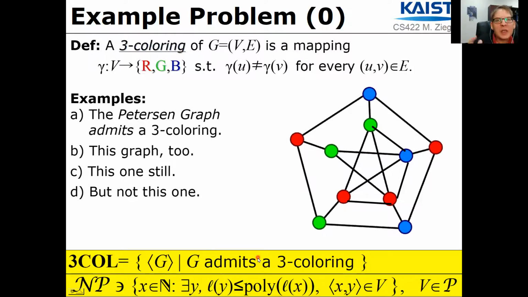And the witness is polynomially long and can be verified in polynomial time. It can be verified in polynomial time because we only need to test all edges, whether they are non-monochromatic, and since there are at most polynomially, actually at most quadratically many edges, this can be done in polynomial time. And finally, checking that the binary length of that witness, of that table, is at most polynomial.